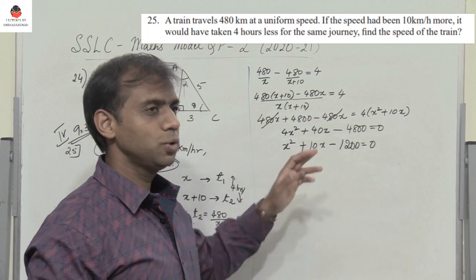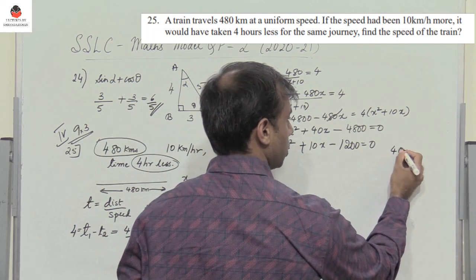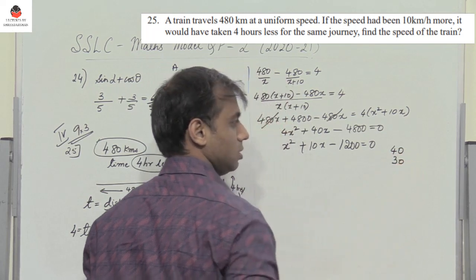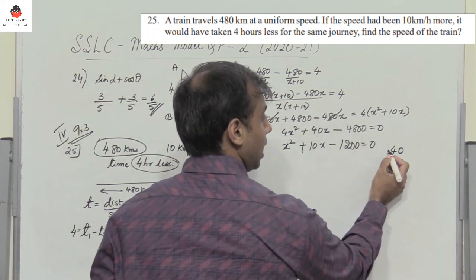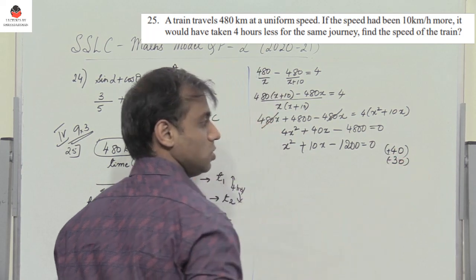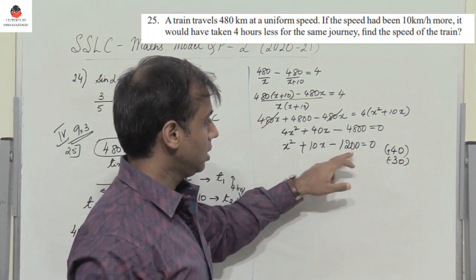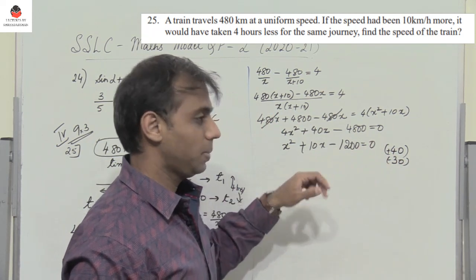We know that 4 into 3 is 12, right? But what about 40 into 30? That gives me 1200. So if I have plus 40 and minus 30, when I multiply I get minus 1200, and when I add them I get plus 10.